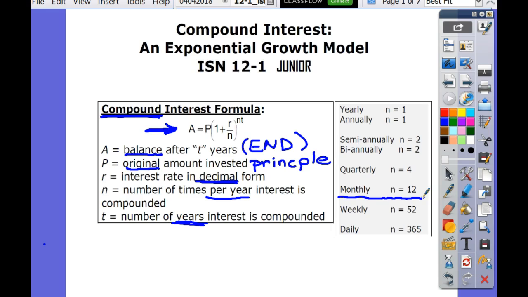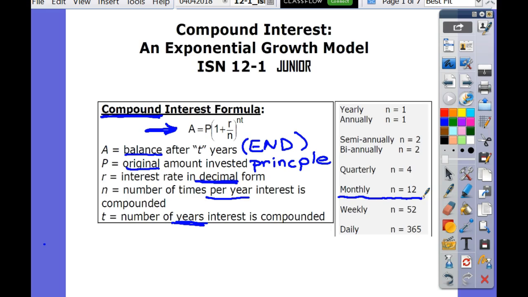Now, what one of you said when I was talking about interest rate and having it in my bank account is that's how much I get per year, 1 or 2% per year. Well, not exactly, because my bank doesn't give me interest per year. It doesn't wait till the end of December and look at my account and see how much money I have and then figure out the interest based on how much is in the account at the end of the year.